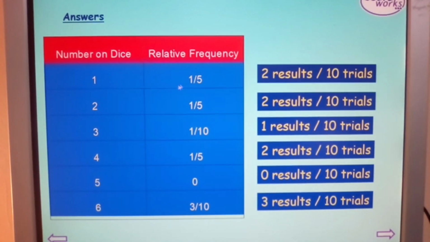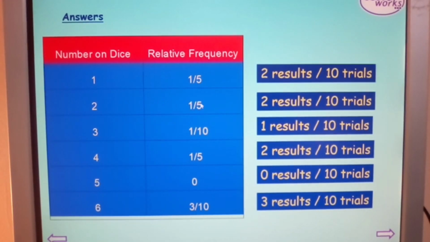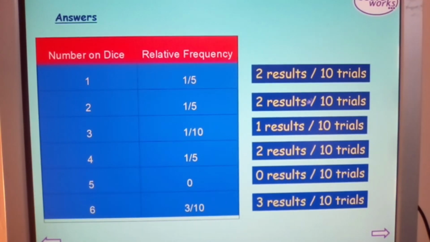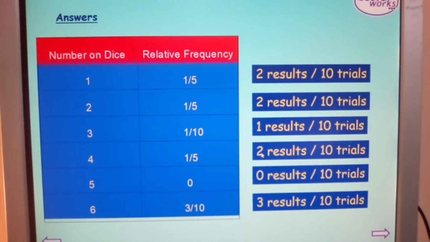Relative frequency, how often did one occur? Number on dice is 2, 1 over 5. Now 2 results, 10 trials. 2 results, 10 trials. 1 result, 10 trials. Okay.